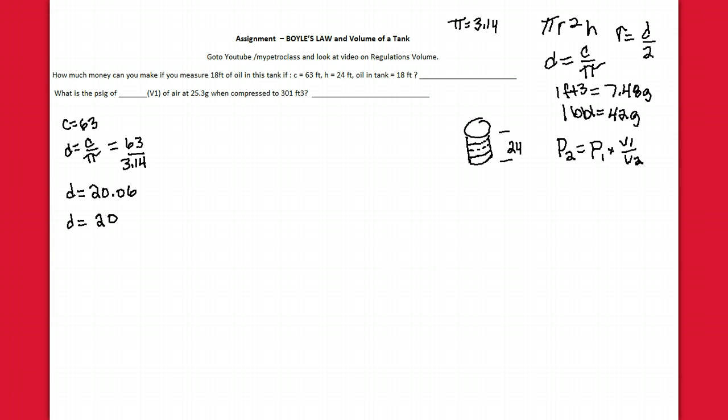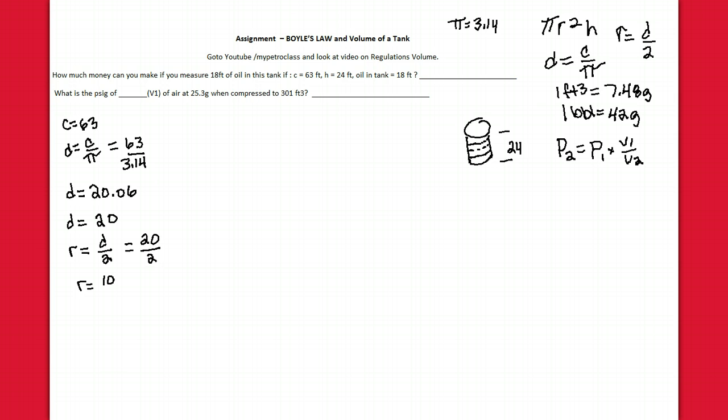And so now we need to find our radius. R is going to be equal to what? Our formula says D divided by 2. So R is going to be equal to 20 divided by 2, which is 10.